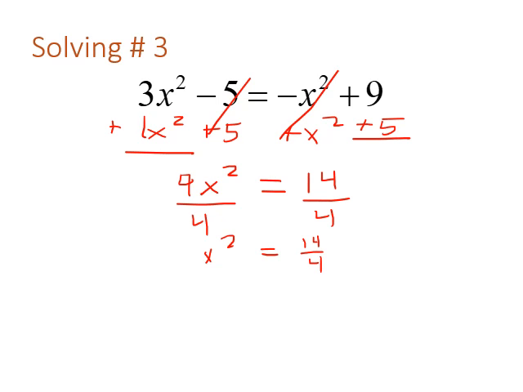Okay. Some of us may be thinking, oh, I can simplify that, but before I do that, notice 4 is a perfect square. So when I take the square root of both sides, I get plus or minus root 14 over root 4.